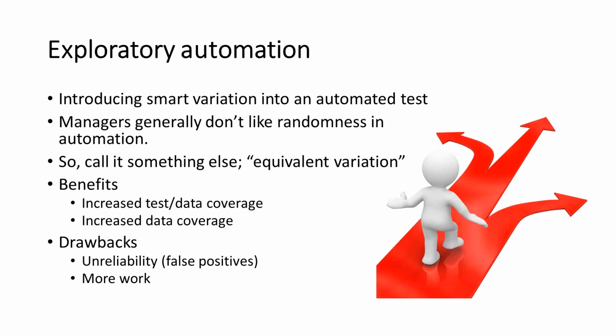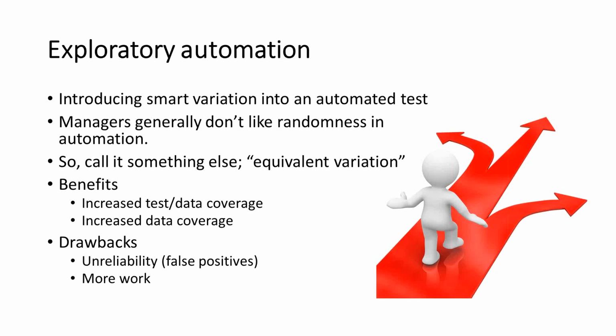That's one of the biggest benefits that we see out of our automation today. So anyway, rather than call it random string generation or random walking for state traversals, you have to call it something else: variation, equivalent variation. Choose something that the managers don't quite grok, and everything will be fine.